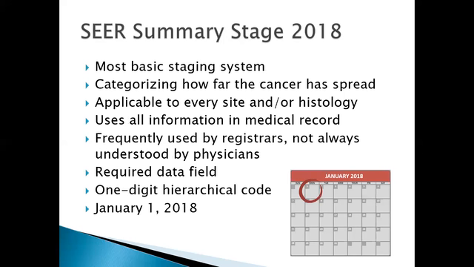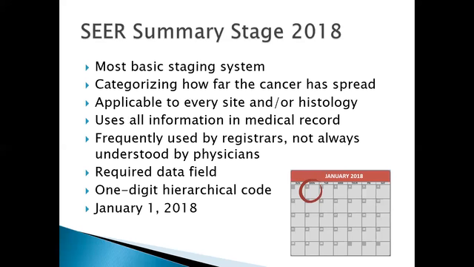Summary staging consists of a one-digit hierarchical code for each and every site. You can never have a blank field for this field. We always have to put something in it.